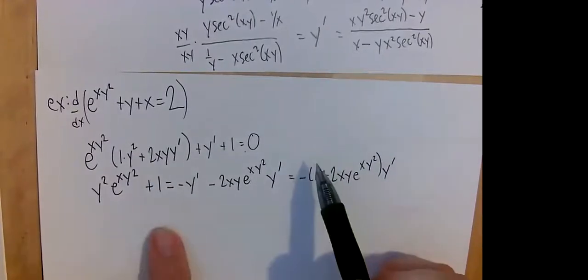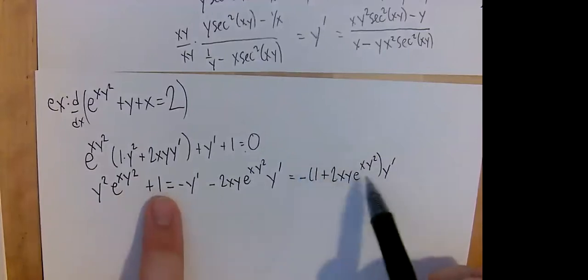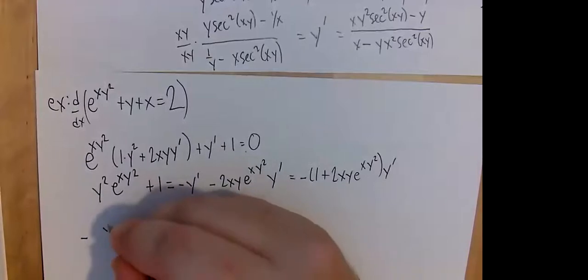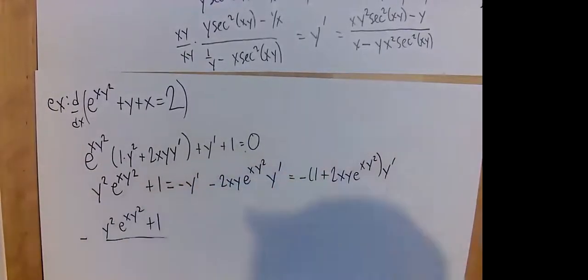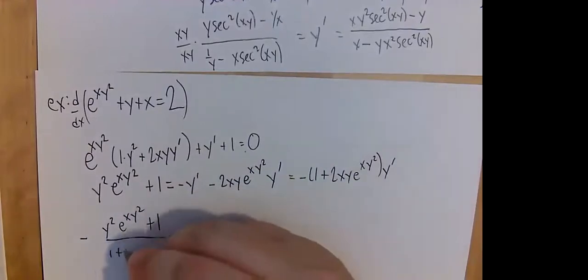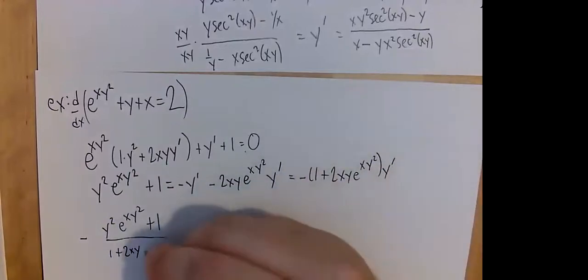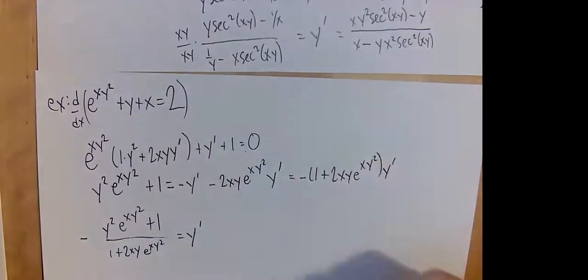And then finally, I divide this, my original left-hand side, by my factored right-hand side. So I end up with negative y squared e to the xy squared plus 1 divided by 1 plus 2xy e to the xy squared. And that will be y prime here.